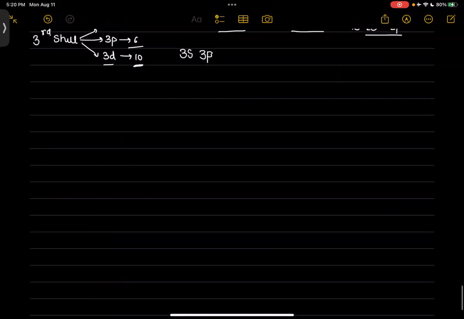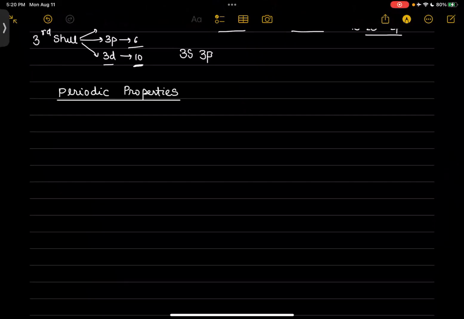Okay. So now we need to start with the periodic properties. So what do you understand by periodic properties, Nabila? Each of the different periods will have different properties.